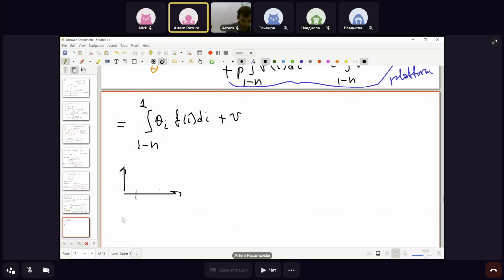So you take it from 1 minus n to 1, and you have your uniform distribution, right? You take the x and multiply by the PDF and integrate over some area. It's like you take the mean of this variable on this interval. So it will be the middle one.